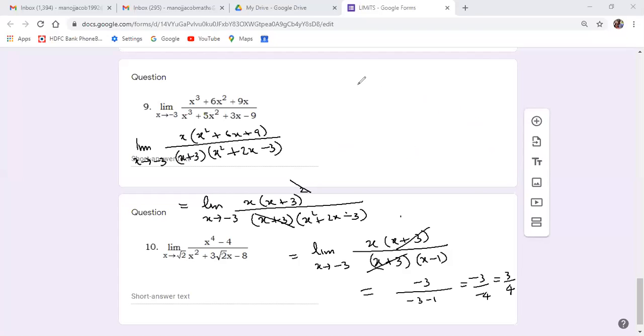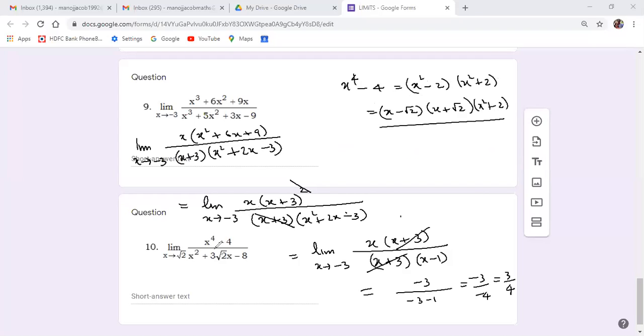x raised to 4. One method is like this. x square minus 2 into x square plus 2. Then x square minus 2 is x minus root 2 into x plus root 2. You can also do it like this without synthetic division.